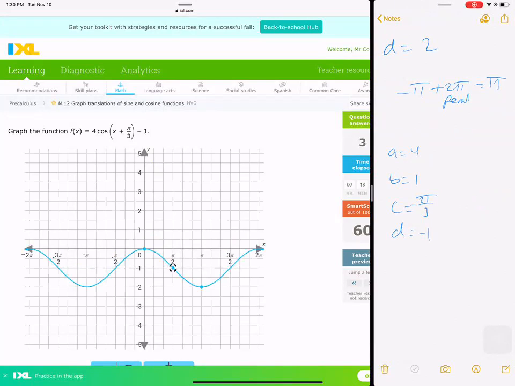So x is equal to C over B, which is -pi over 3 over 1, which is -pi over 3. So we're going to move the graph back a couple of spaces. This is a cosine graph.